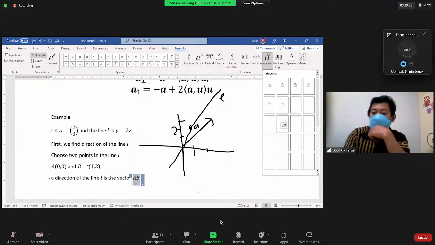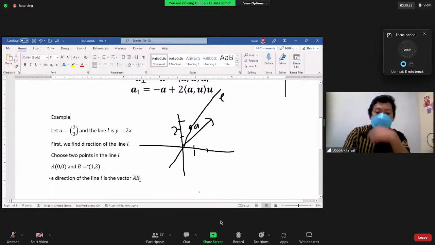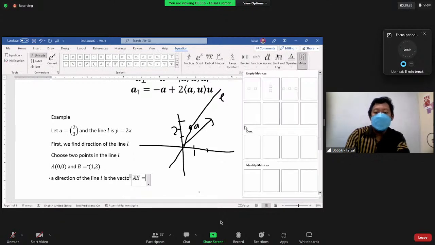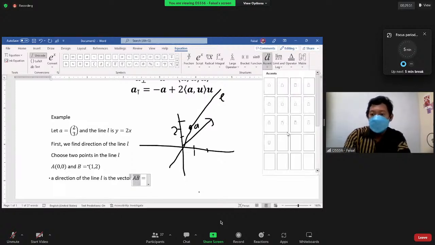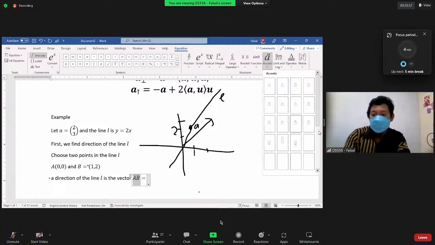Do you know what the vector AB is? Can anyone tell me what the vector AB is? Oh, so this is my vector, not bar but row. Okay, (1, 1), good.